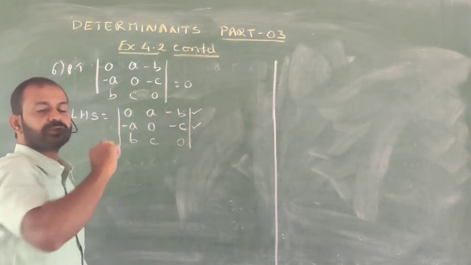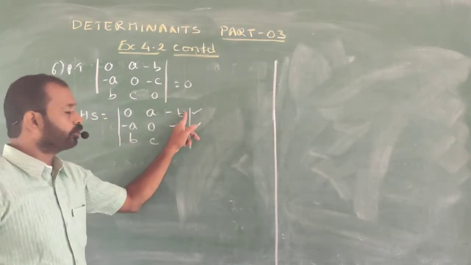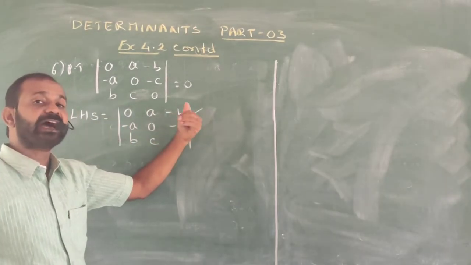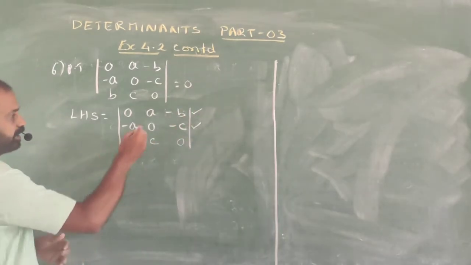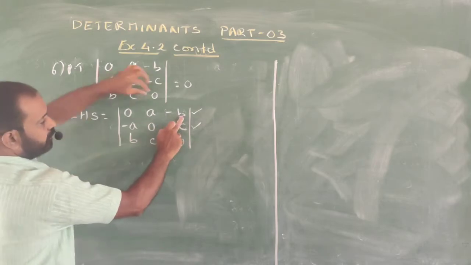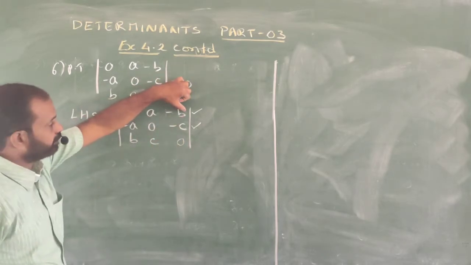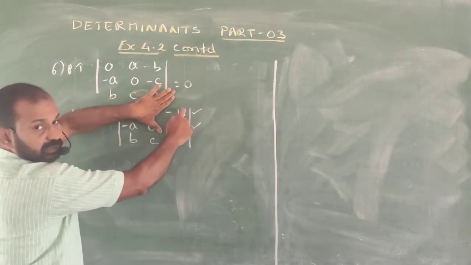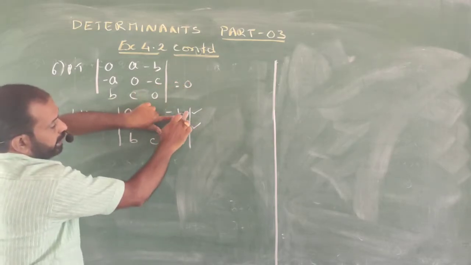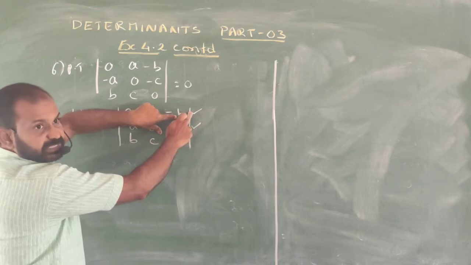Now to make 0, what kind of simplification can I do? If I multiply R1 by C, concentrating only on this element, I will get minus BC.